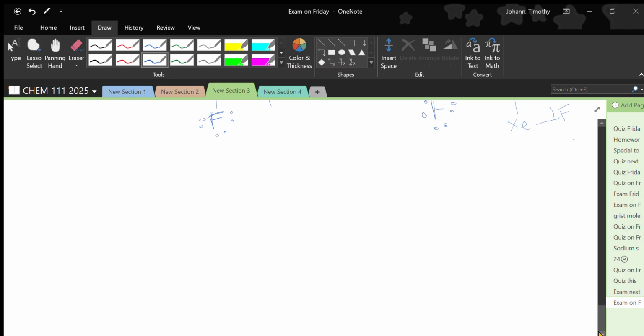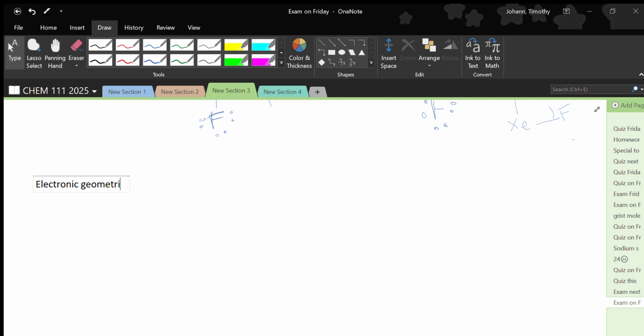So octahedral. So electronic geometries with 6 things. And let me be more specific on things. With 6 sets of bonds or lone pairs of electrons.